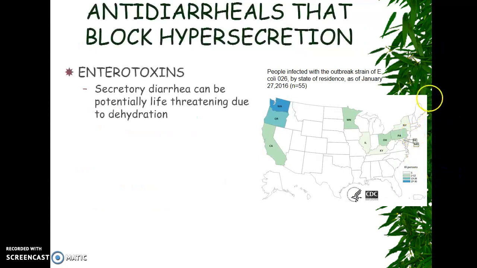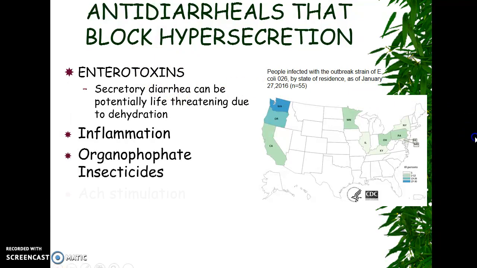There are antidiarrheals that block hypersecretions. We've talked about motility and we've talked about just suppressing the parasympathetic nervous system. Now we're going to talk about secretory diarrhea caused by hypersecretion. This is a lovely map of an outbreak of E. coli.